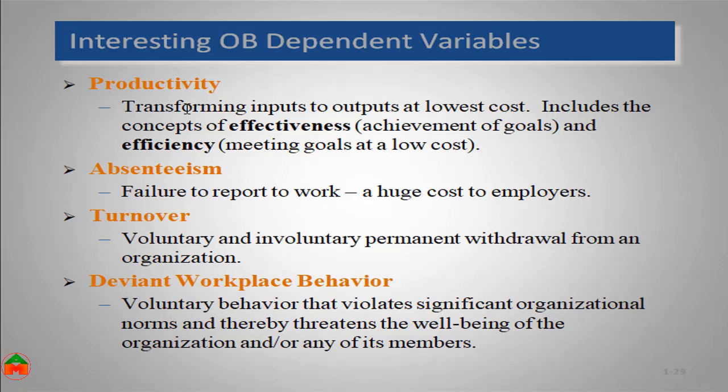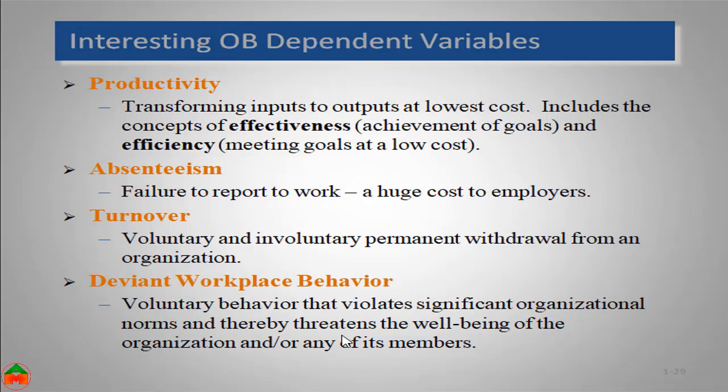In productivity, you can focus on the effectiveness or efficiency of the employees. In the perspective of absenteeism, you can find out the ratio of absenteeism of the employees. You can find out the turnover ratio of the employees as a dependent variable. You can find out the deviant workplace behavior due to the dissatisfaction of the employees.